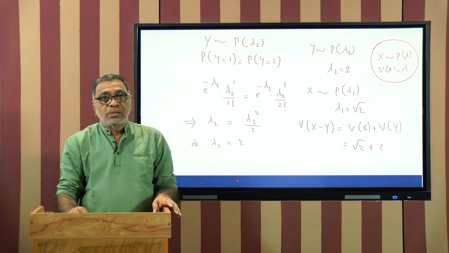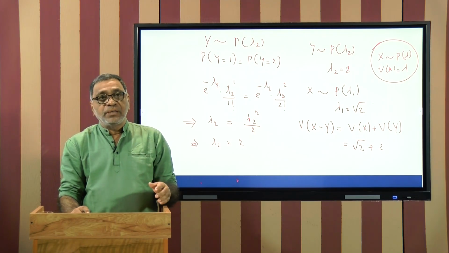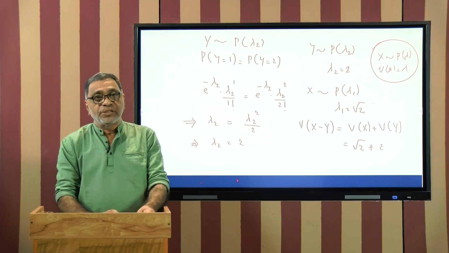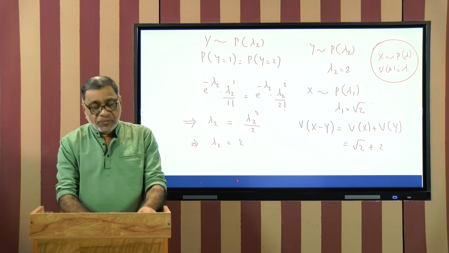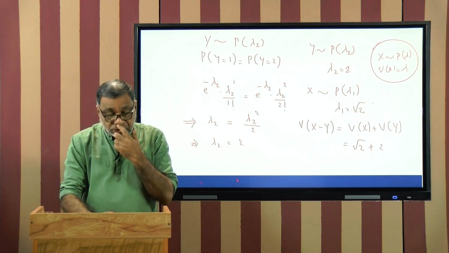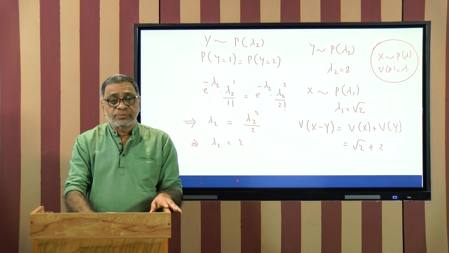So, this is how we find a quantity related to x minus y, variance of x minus y, or mean of x minus y, or moment generating function of x minus y, whatever it is.